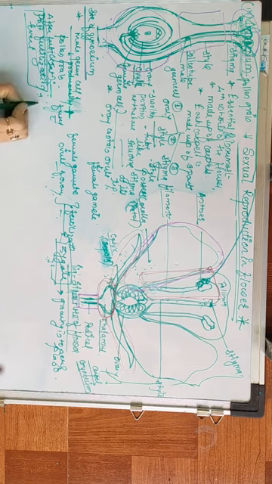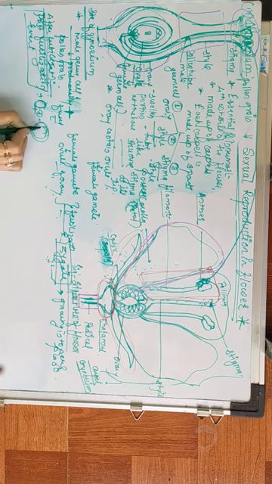This is a female gamete and this is a male gamete. They fuse and form a zygote. This process is known as fertilization. So what happens after fertilization? That is called the post-fertilization event.